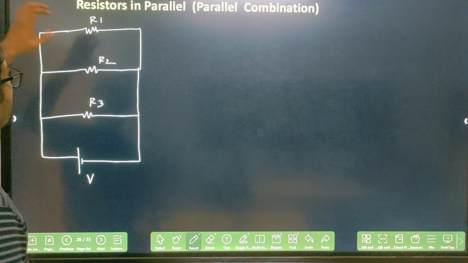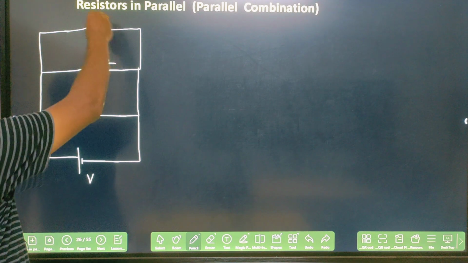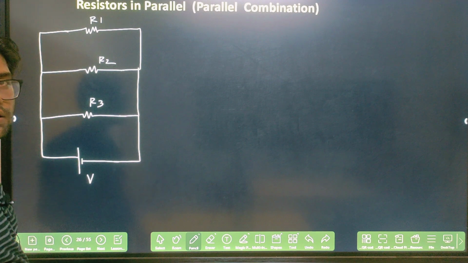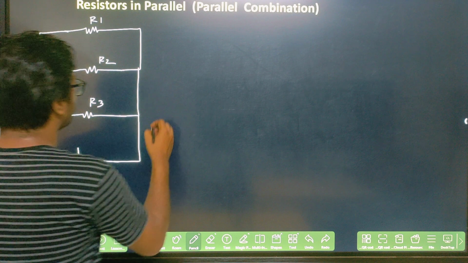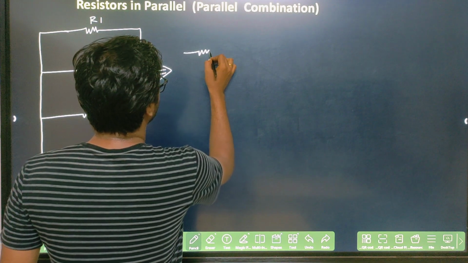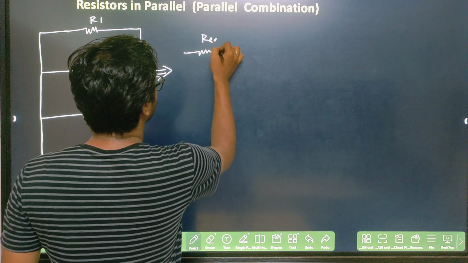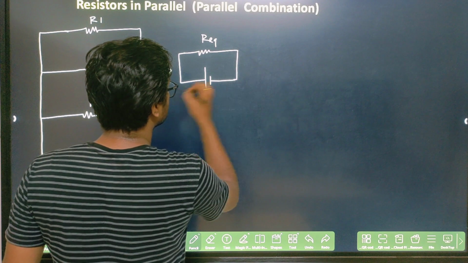So I have to find out the equivalent resistance for these 3 resistors which are connected in parallel. Clear? I have to convert it to an equivalent resistor, that is your R equivalent, connected like this.